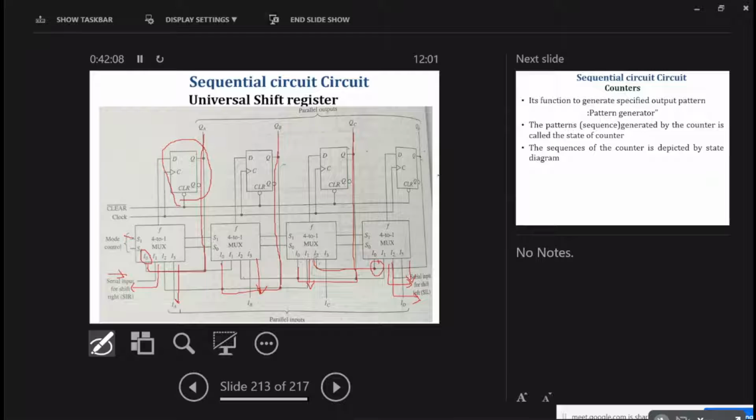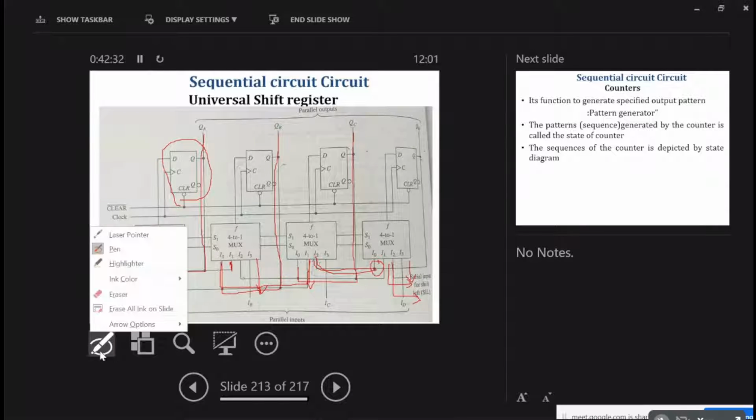Also, these I0 are internally connected with other pins of another mux. This I0 is internally connected with this I2, this I0 with this I1, and this I0 with I1 of this 4 cross 1 mux of the second bit.